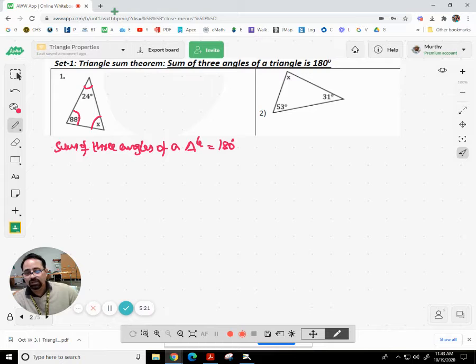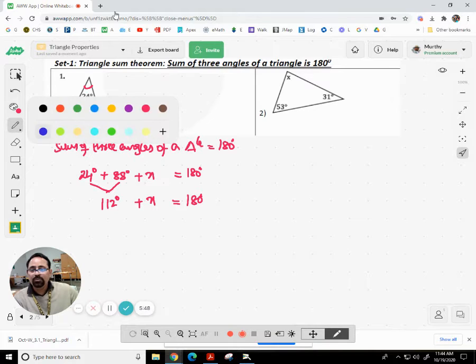So in this question, one angle is given as 24 degrees, the second angle is 88, and the third angle is not known, equals 180. Let's add these two. So 24 plus 88 gives me 112 degrees, plus the missing angle equals 180.